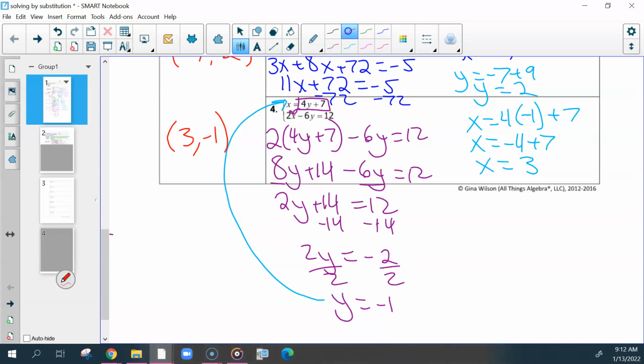This one, it should be y, not x. But here you wouldn't be able to do that because you don't have a point. You don't have slope. So no, I wouldn't do that.